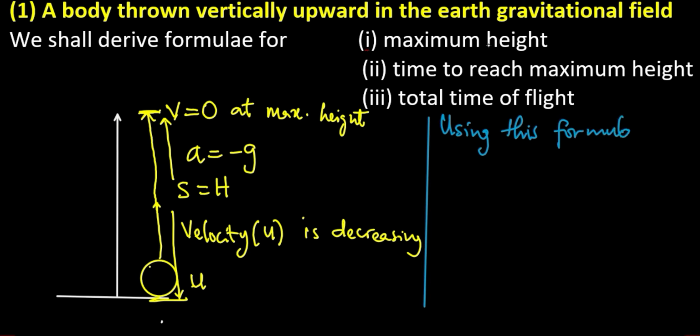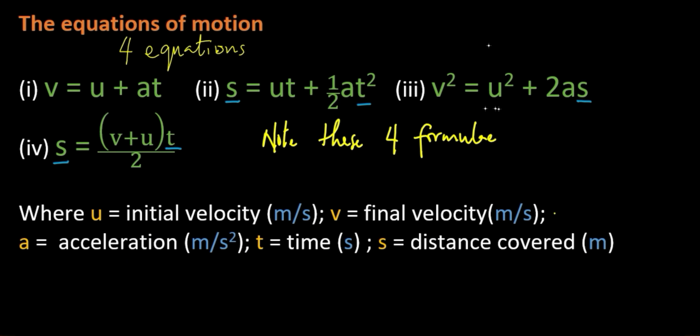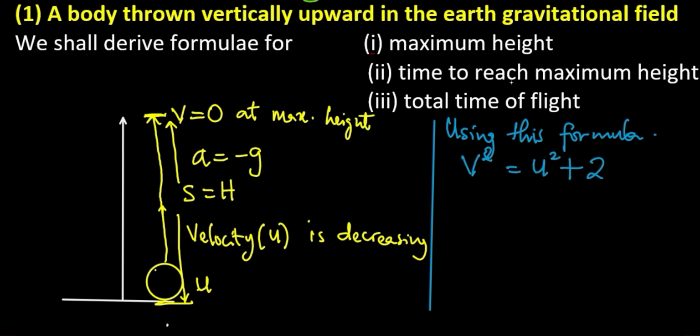The formula we shall use is v² = u² + 2as. We already know that v is equal to 0, so we put the 0 there. The u² we have, that is the velocity of projection, and the acceleration is minus g because it is thrown against gravity, so it becomes minus 2g.